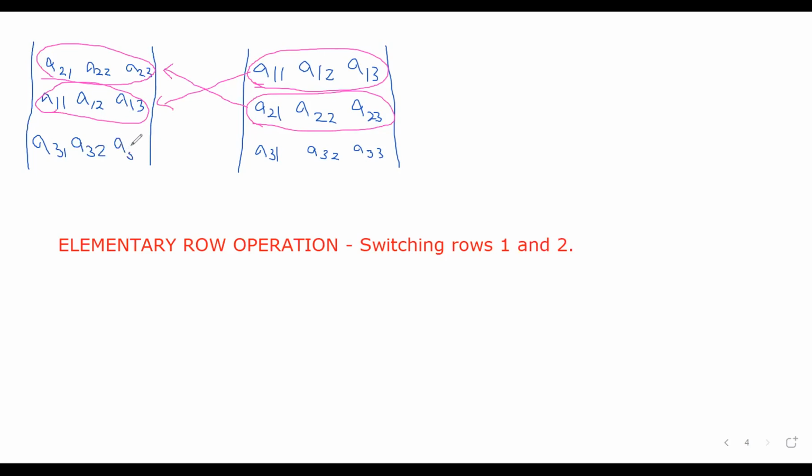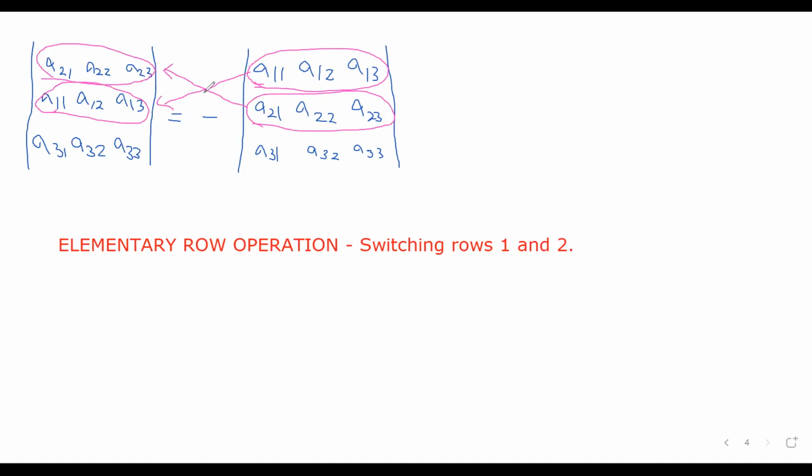But what we're doing here is we're describing the relationship between the determinant of the old matrix before we switch the rows and the determinant of the matrix after we switch those two rows. So the determinant of the new matrix is equal to the negative of the determinant of the old matrix. Okay, so the determinant of a matrix after you switch two rows is equal to the negative of the determinant before you switch the two rows.